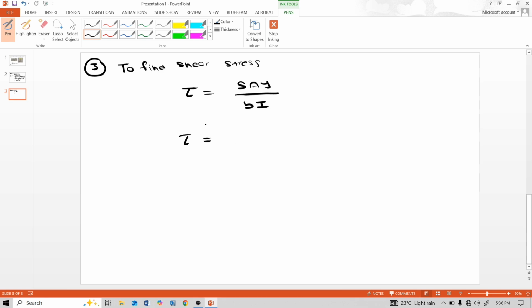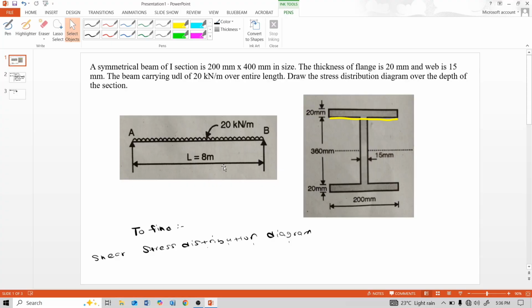So tau is equal to... here S is the shear force. For calculation of shear force for a simply supported beam carrying a uniformly distributed load, the formula is S is equal to WL, the total load, divided by 2.